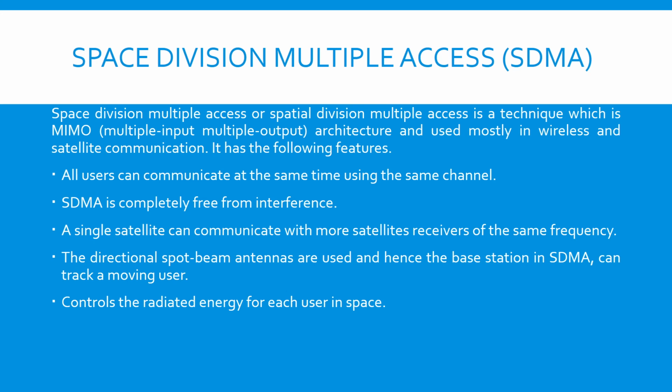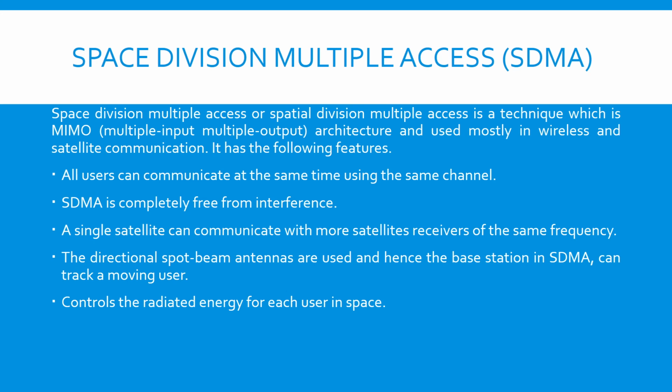This is a combination of wireless and satellite communication, so that any device is able to communicate globally and with the satellites. Now all users can communicate at the same time using the same channel. Using the same channel, all the users can operate on a single frequency. SDMA is completely free from interference.